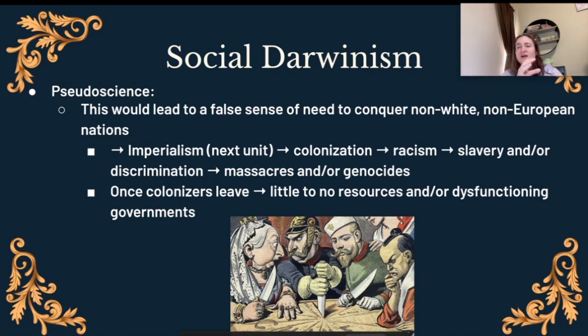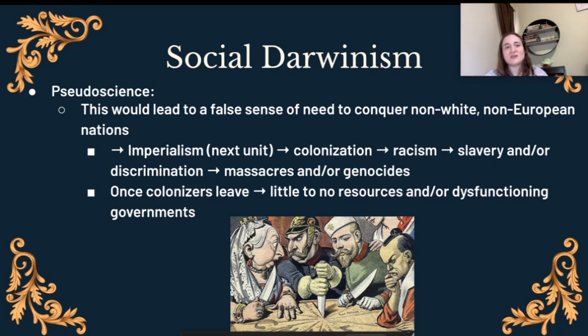I should clarify that the vast majority of this was with Europeans, but there are some exceptions. One of the big exceptions would be Japan, and that's one of the reasons why they get in trouble and then get involved with World War II. With imperialism, that will be next unit, but pretty much pseudoscience leads to imperialism, and then it leads to colonization, and that leads to racism.